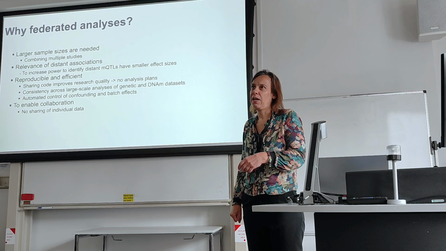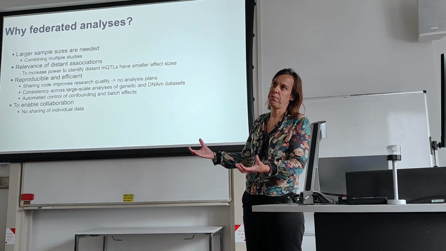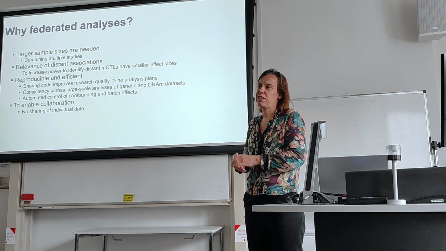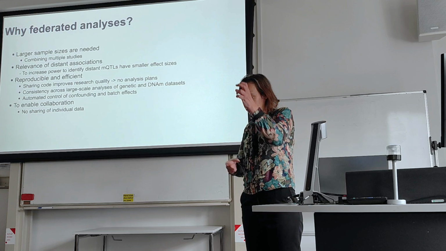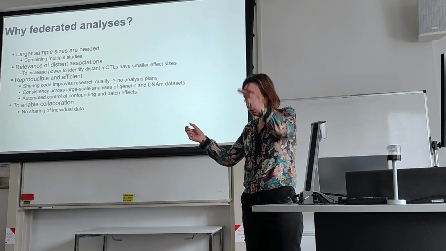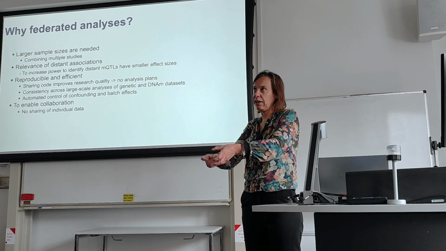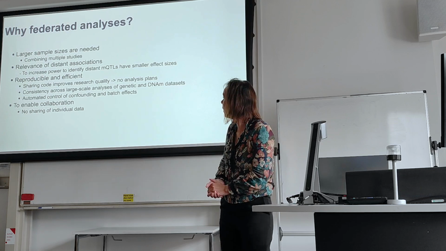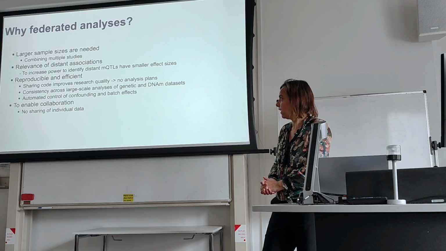So it's really important to combine those data sets, so you increase the sample size and find more of those mQTLs. Especially mQTLs where the SNP or variant and the CpG site are really close together have really strong effects, but if they're a bit further away, they're more difficult to identify. To do that across multiple studies is quite an undertaking.